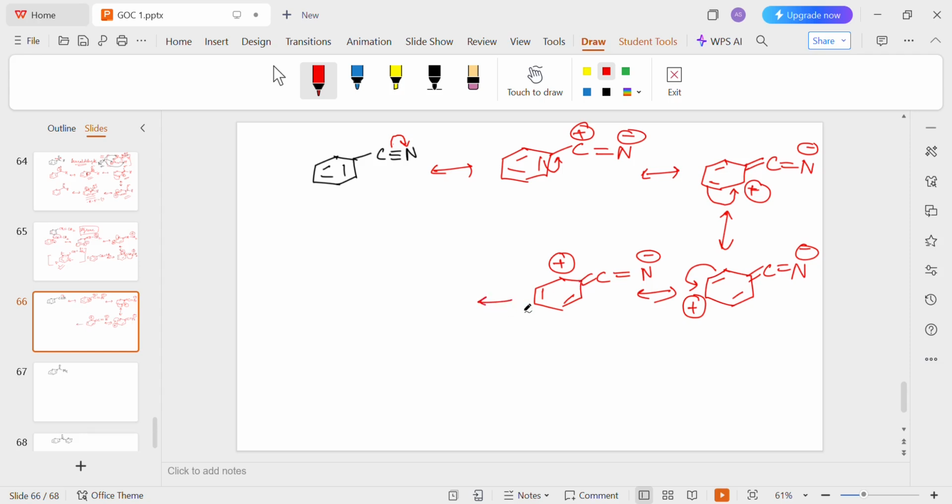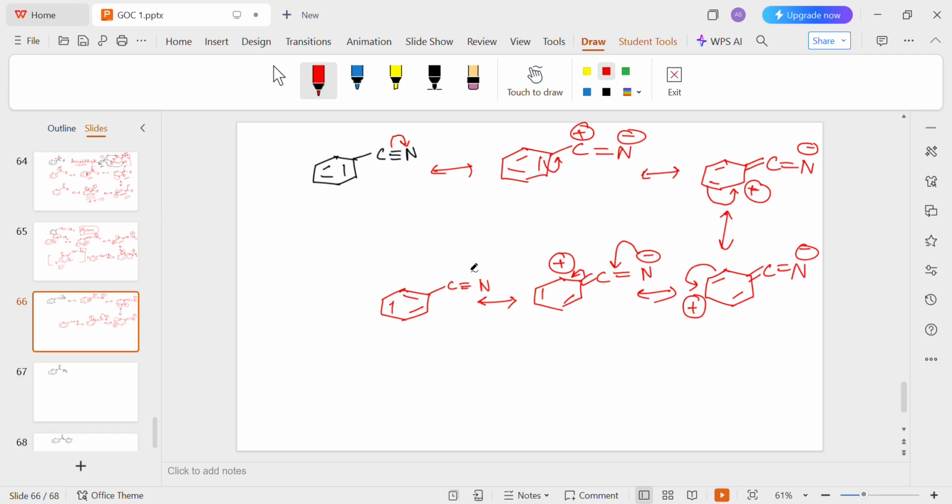Okay, so this is the next contributing structure. When this pi bond shifts here, this nitrogen, the negative charge comes back in the form of a bond, and you have a cyanide group back in the position as it was in the initial structure.